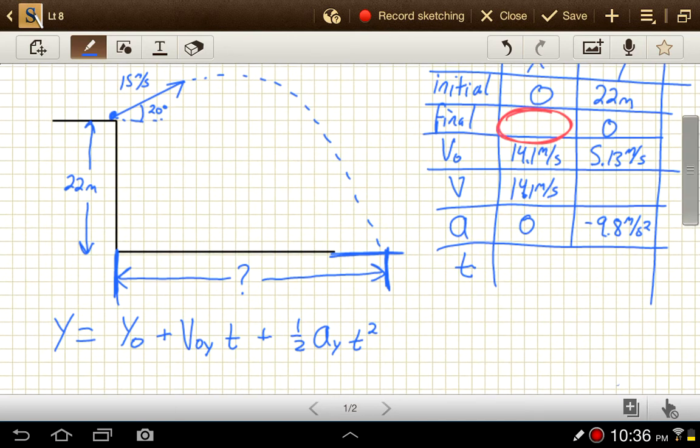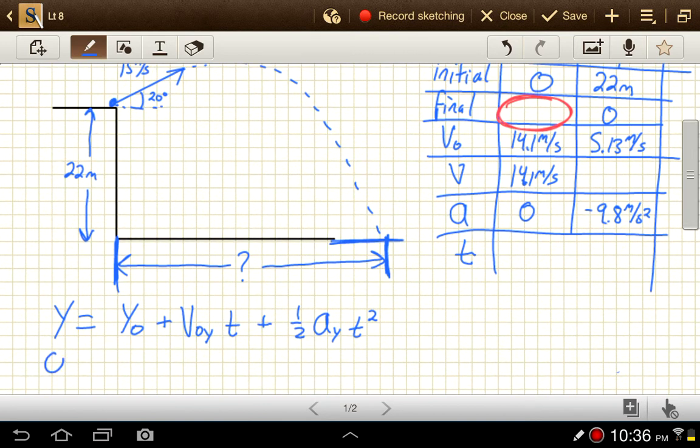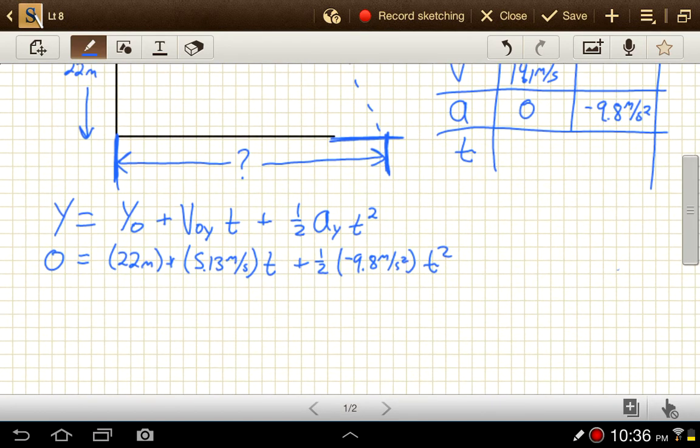Our y position is going to be 0, which is equal to 22 meters plus v naught y, 5.13 meters per second, times time, plus 1/2 times negative 9.8 meters per second squared times t squared. I can simplify this a little.